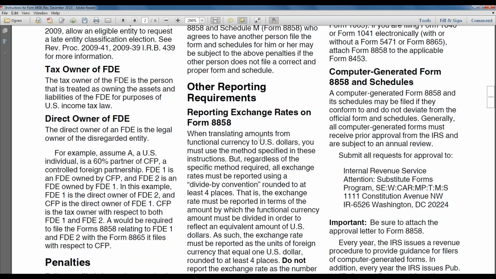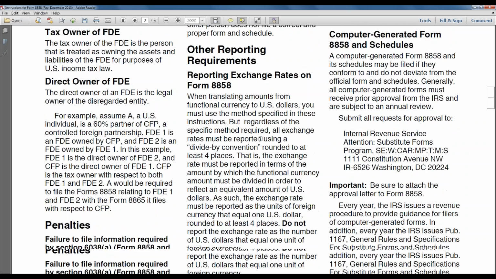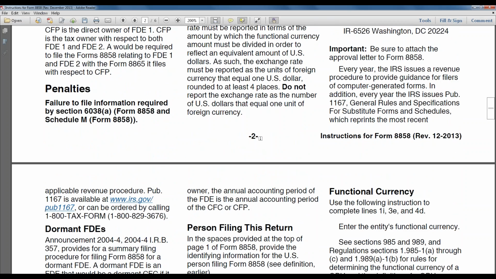Form 8858 really seems to, especially the Schedule C, be focused on this qualified business unit, currency gains and losses. So your client's going to be shocked when you show them how much work is involved, and we're going to go over some of the major aspects of this in just a second here on the instructions.